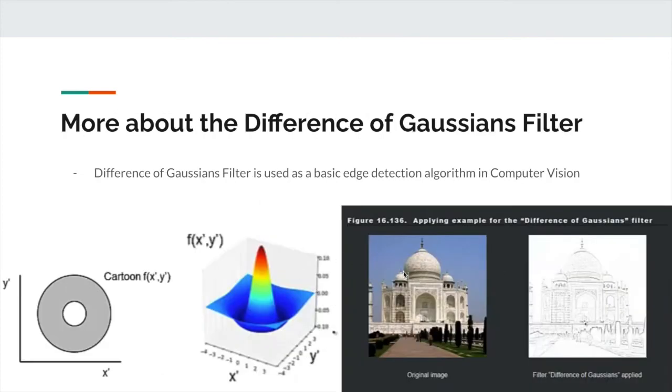So in this picture you can see the resulting image that we get after moving this filter across every point of this image, right? And if you take a look at which values are black, which represent values that were high when we used this filter, you can see that it has found all the major edges of the Taj Mahal, right?